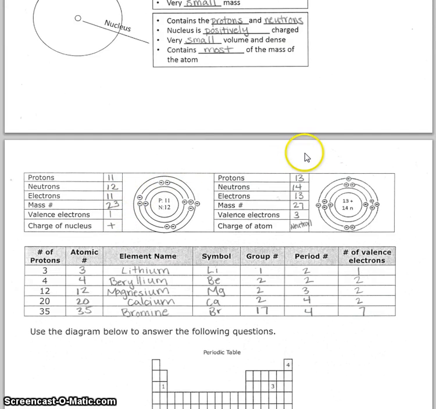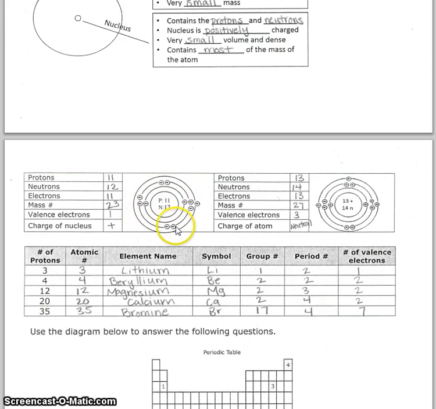Looking on to page 2, we have 2 Bohr models, and you're supposed to fill out information about those Bohr models. So this first one here on the left, we look in the nucleus to see that it has 11 protons, it has 12 neutrons. In a neutral atom, the number of positively charged protons will equal the number of negatively charged electrons. So you count the number of electrons out here, and we also have 11.